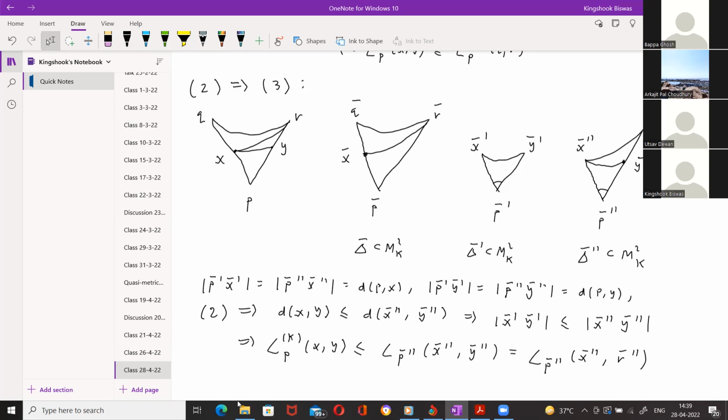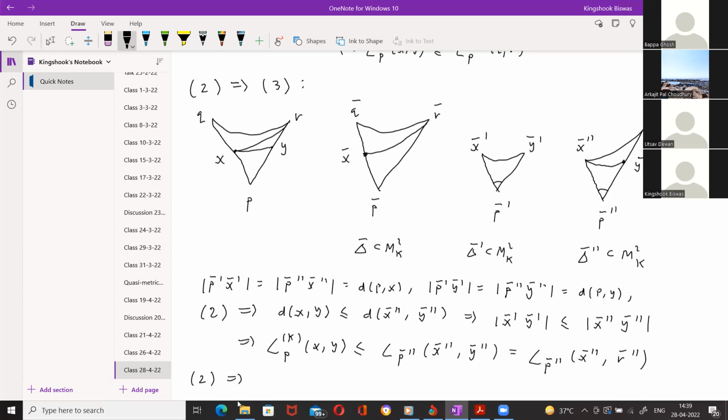And so now I know again by hypothesis 2 that in this comparison triangle, the distance from X to R is less than or equal to the distance from X bar to R bar, right?